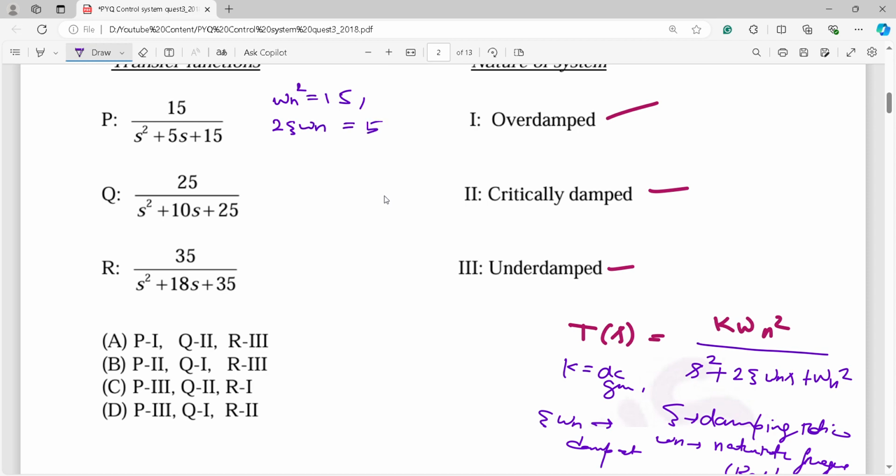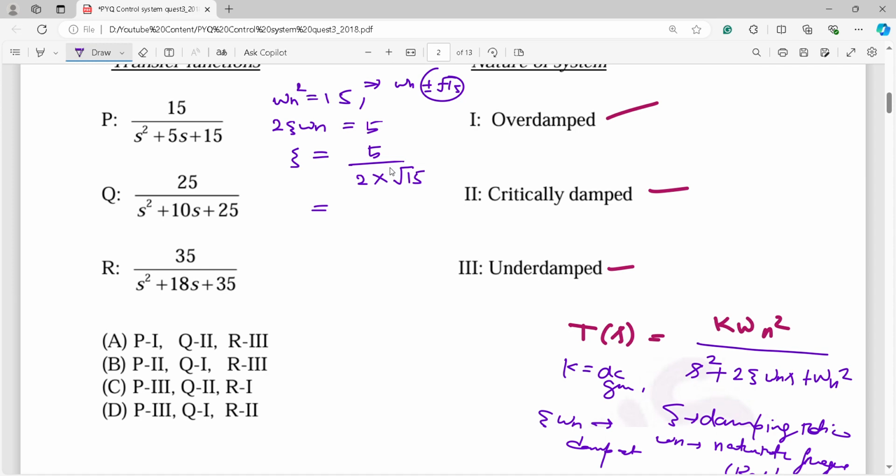We need to find the zeta value, then only can we tell how the system would behave. So 2 into omega n, under root 15. Here we take only the positive value. If you have a doubt that omega n is plus minus under root 15, you take only the positive, because zeta should be positive, not negative.